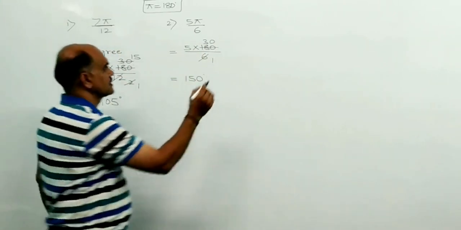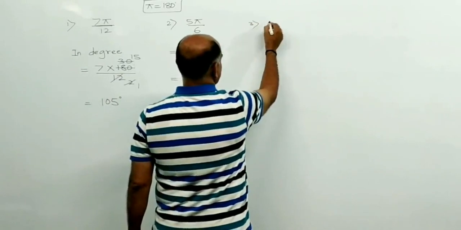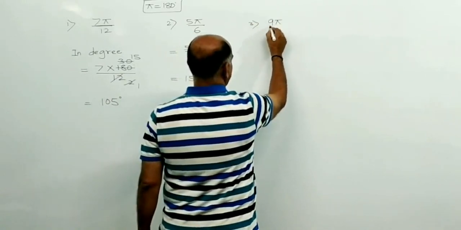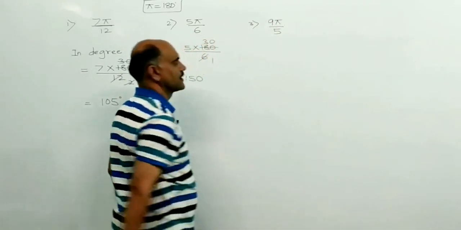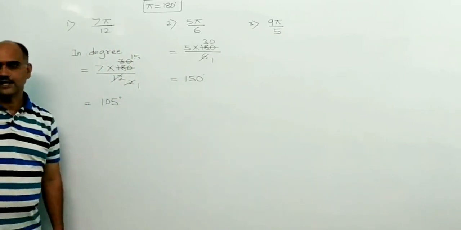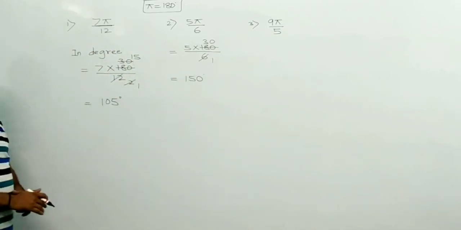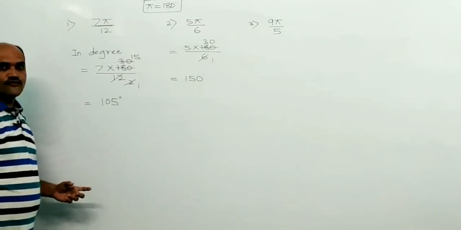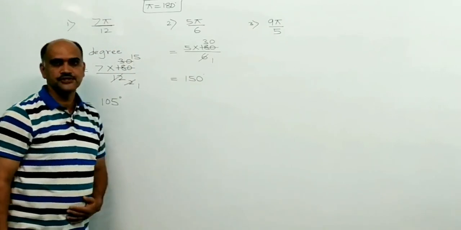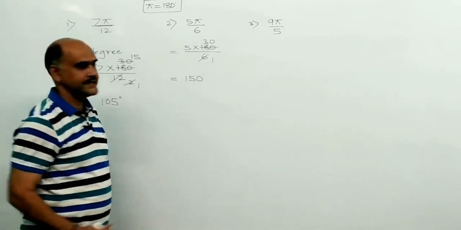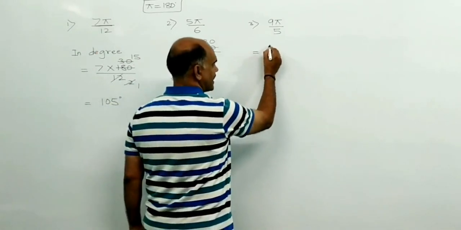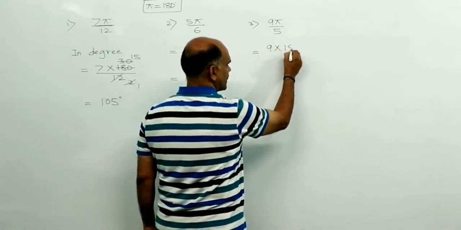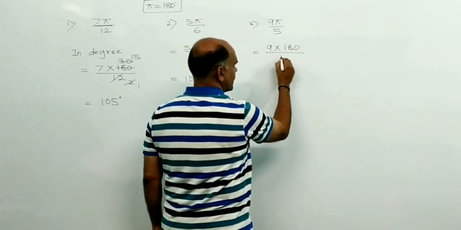Similarly, third one, 9 pi by 5. You can try, students. In place of pi, you should substitute 180 degree. So this is 9 into 180 divided by 5.